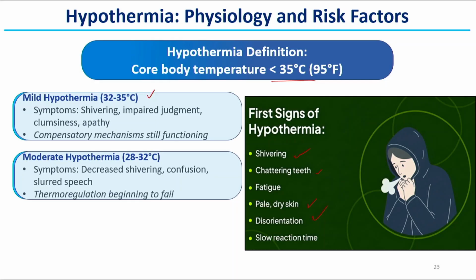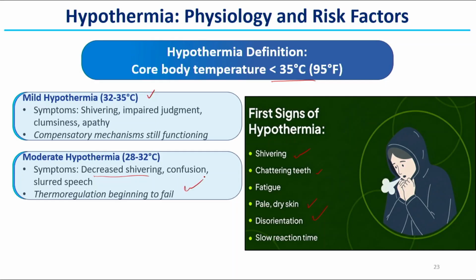But in moderate hypothermia, when the body core temperature becomes 28 to 30 degrees Celsius, shivering will stop, confusion and slurred speech will be there, and thermoregulation begins to fail.